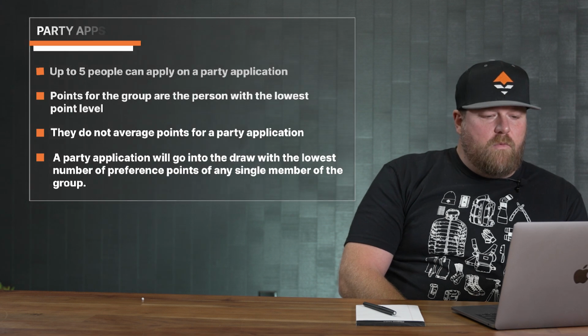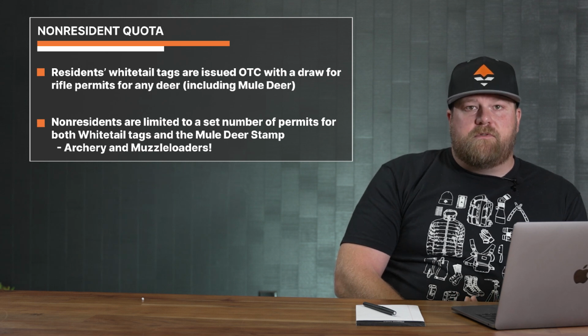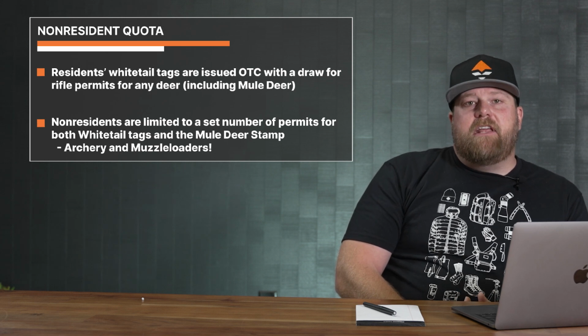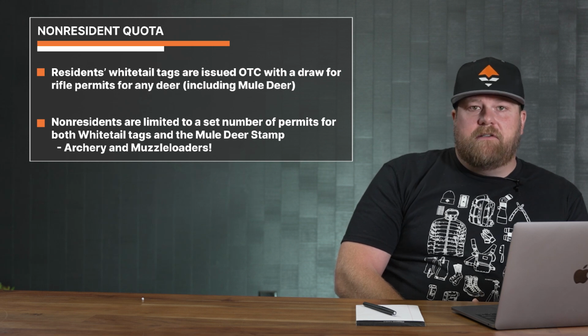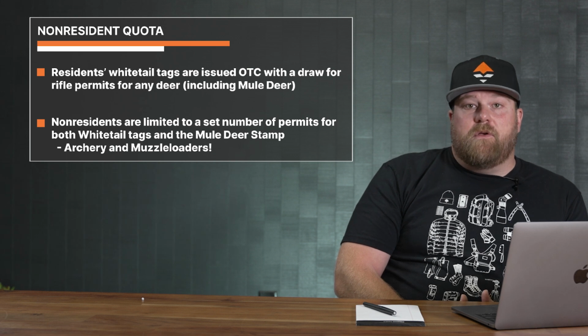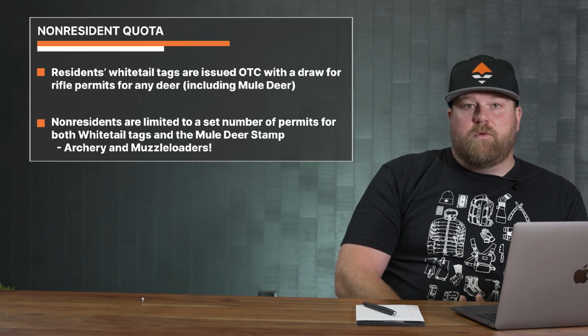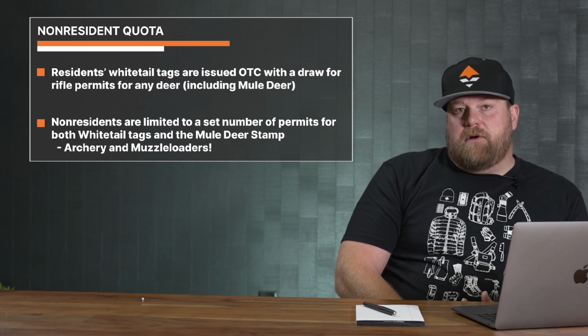On the resident side, most of the tags for residents are over the counter. Particularly the whitetail one, they do offer a draw for residents. It's a rifle permit, and it's good for any deer. So the tag that the residents apply and build points for is that whitetail or mule deer tag, and it's a rifle season.